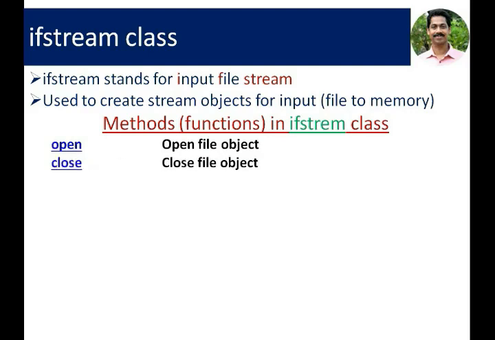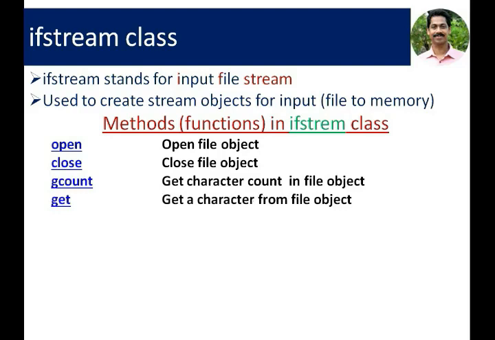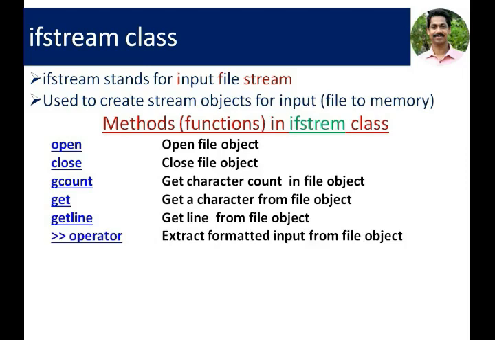Close is used to close a file object. gcount is a function used to get a character count in a file object. Get function is used to get a character from a file object. Getline is used to get a complete line of n characters from a file object.